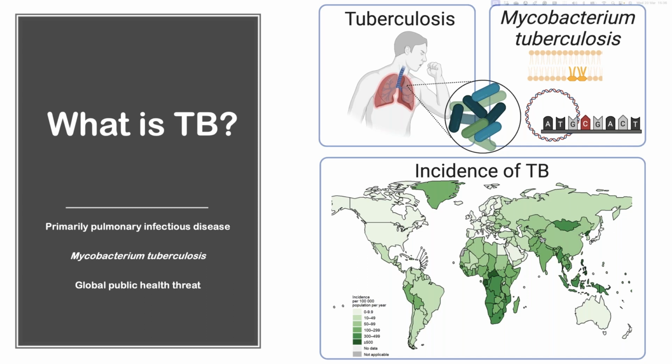So here you can see that TB is still a pressing global health challenge, even in 2023, as this map depicts the global distribution of TB cases, emphasizing really the critical need for robust diagnostics and treatment strategies, even in this day and age.